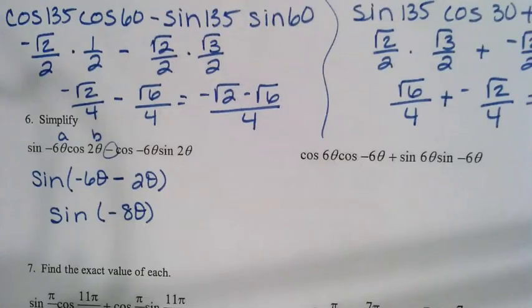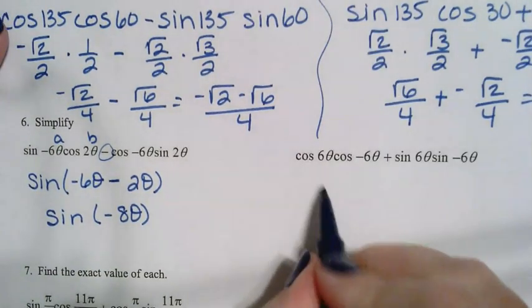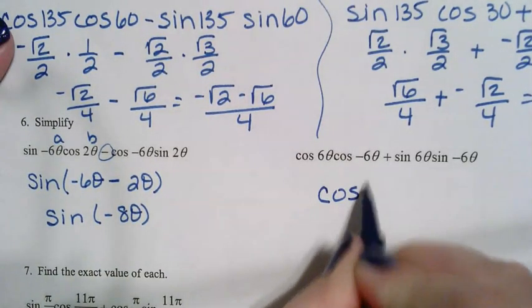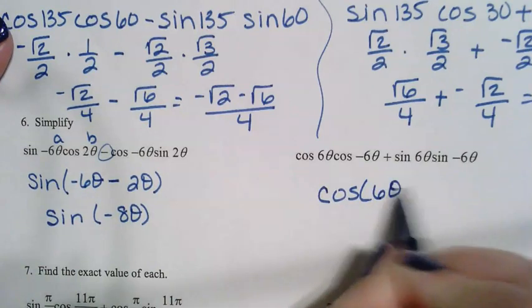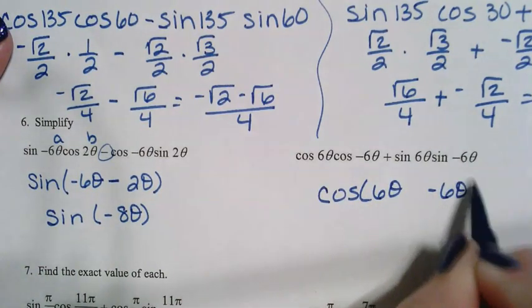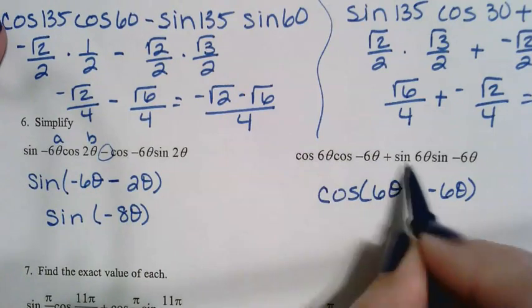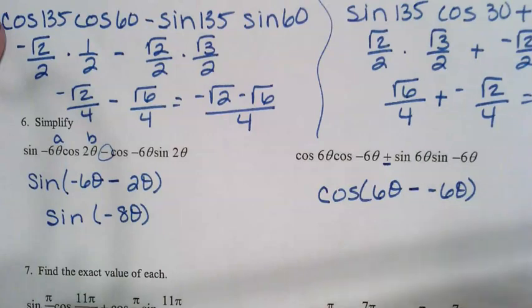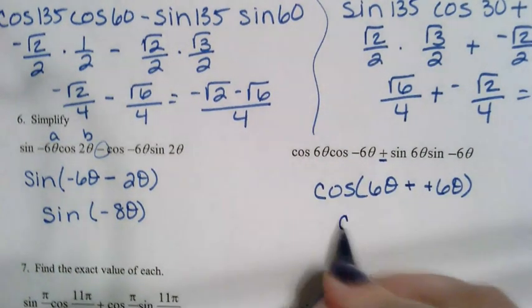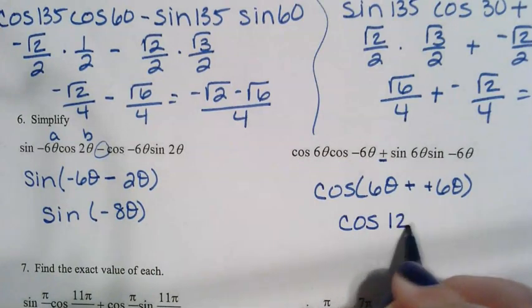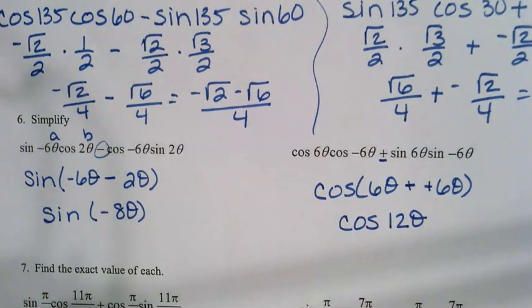Okay. Let's go over here. This is cosine. So we have a 6 theta and a negative 6 theta. And we have a plus sign. Remember cosine, we always change this. So this is a minus, which becomes 2 positives, which will become cosine of 12 theta. Okay.